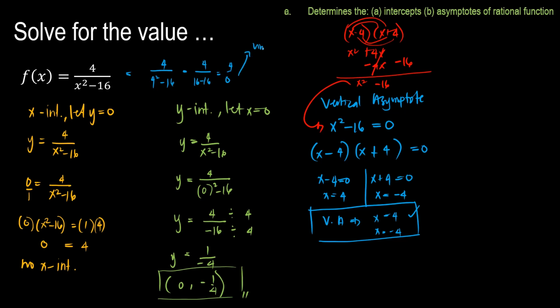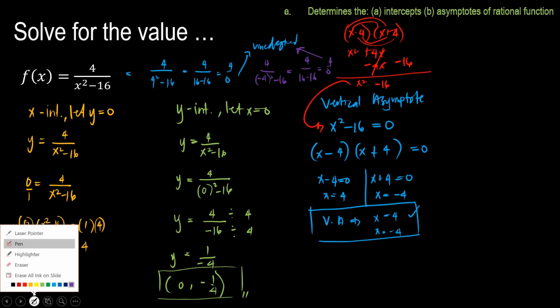So, magiging undefined. Okay, kapag si negative 4 naman ang nilagay natin, so 4 all over negative 4 squared minus 16 is equal to 4 all over 16 minus 16, again 4 all over 0, magiging undefined pa din siya. So that is the use of the vertical asymptote.